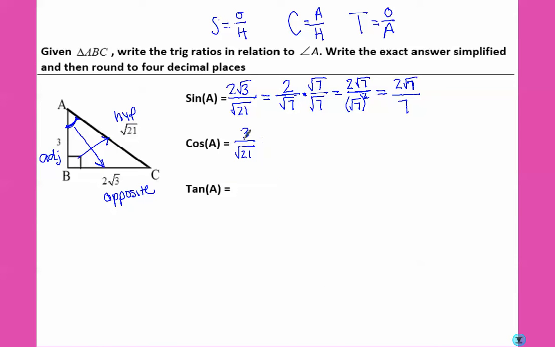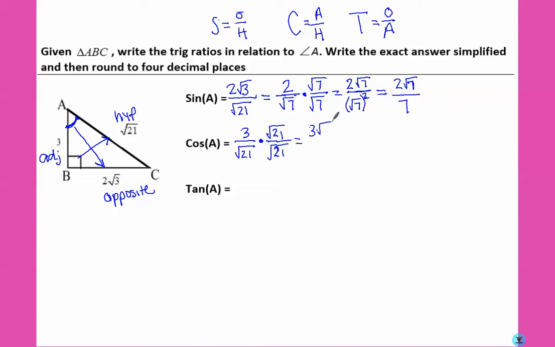So we need to get the square root out of the bottom still though, so we're going to multiply. In the first one, we multiplied it by square root of 7 because square root of 7 was on the bottom. This time, we're going to multiply by square root of 21 over square root of 21 because we have a square root of 21 in the denominator.